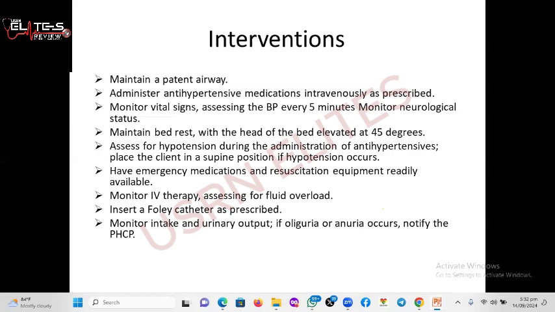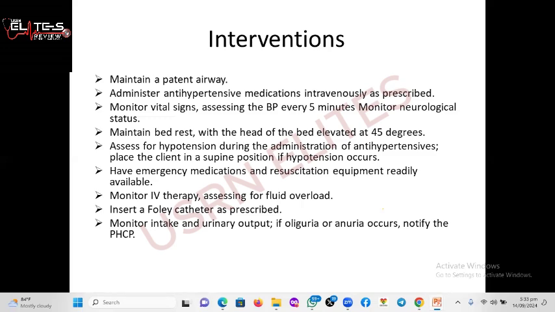Then you maintain bed rest. You elevate the head of the bed to at least 45 degrees because of the increased ICP that could happen, to reduce any form of ICP changes. Then you have to also assess for hypotension from the medication you are giving.